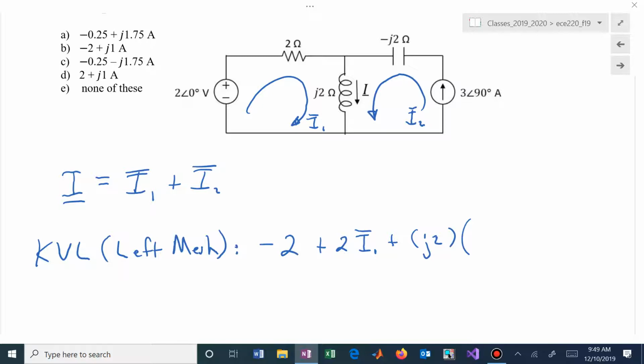It's typically I1 minus I2, but they are both helping each other. In this case, it's I1 plus I2. And that's equal to 0.